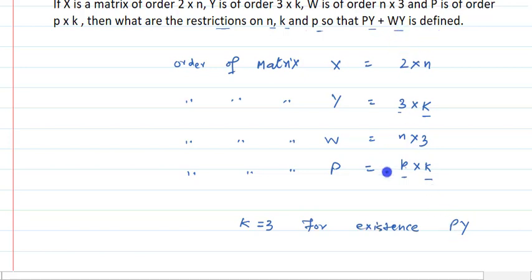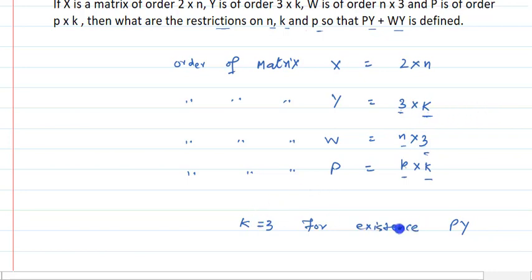Second is WY. Let us see the order of W. It is n by 3 and Y is 3 by k. So we find from here that the number of columns in W is equal to the number of rows in Y. It means it is clear that WY exists. Now, what should be the order of WY? It will be n by k, because the order of the product is the number of rows of the first matrix by the number of columns of the second matrix.